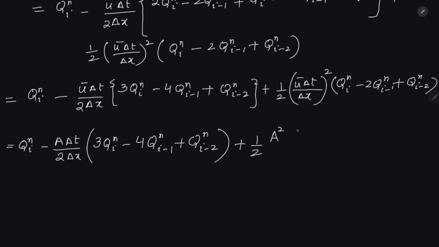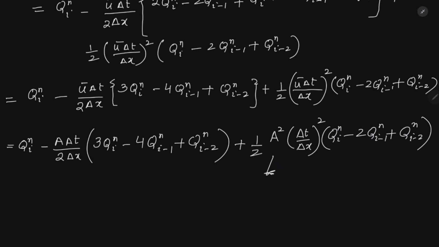Now we take this outside, A square delta t by delta x whole square, q^n_i minus 2q^n_{i-1} plus q^n_{i-2}. So that's what we have over here. So this is the Beam-Warming method for the system of equations, and this one is for the scalar equation. Thank you for watching.